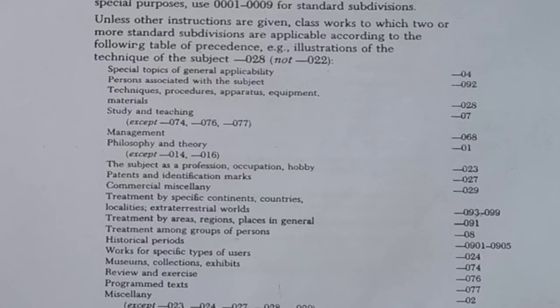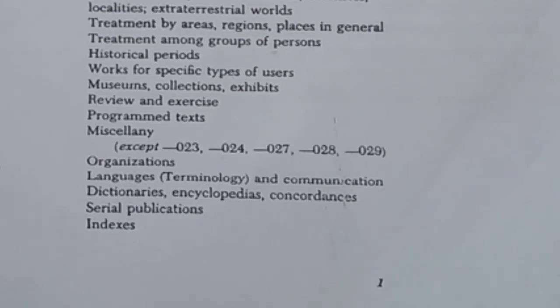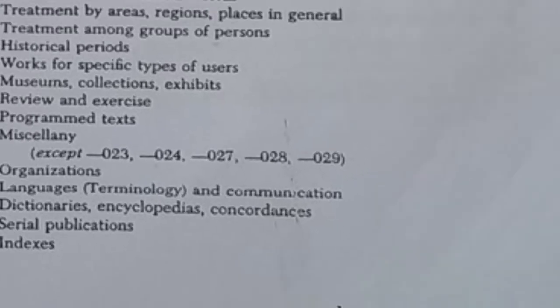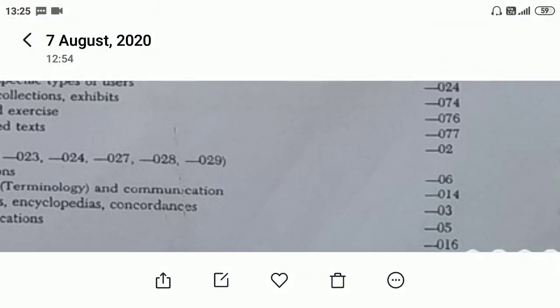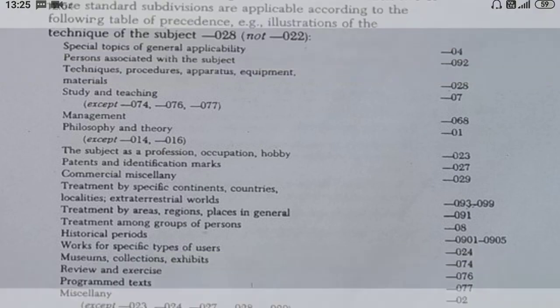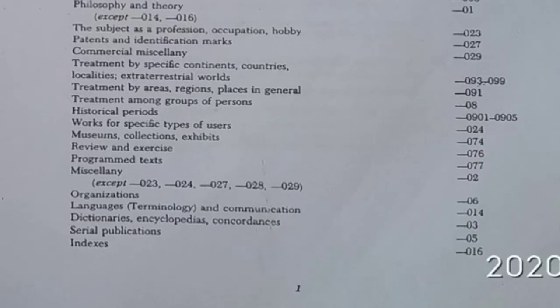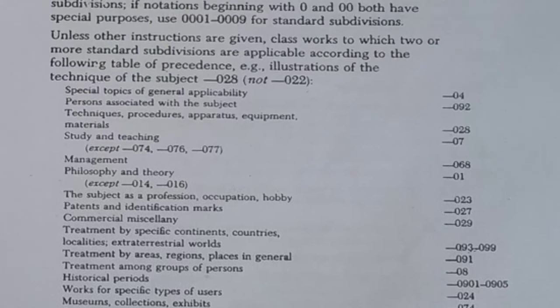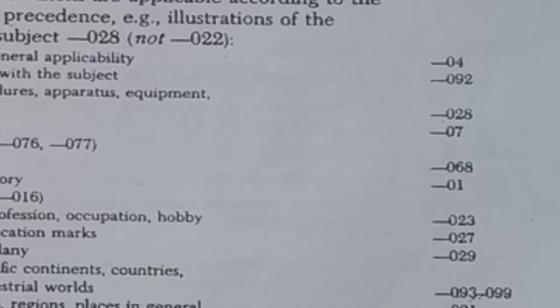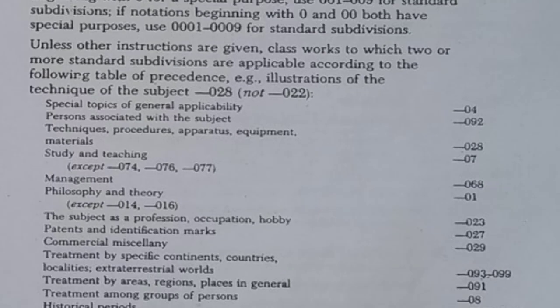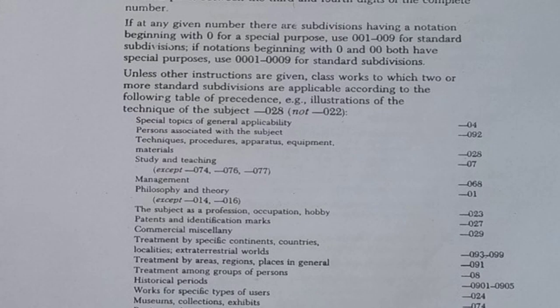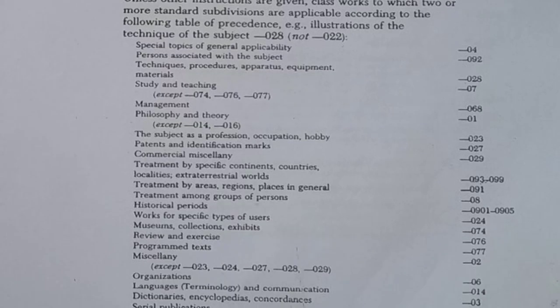And another notation is serial publication -05. Serial publication is the second last notation, and study and teaching -07 is here. So in this table the notation 07 precedes the notation 05.